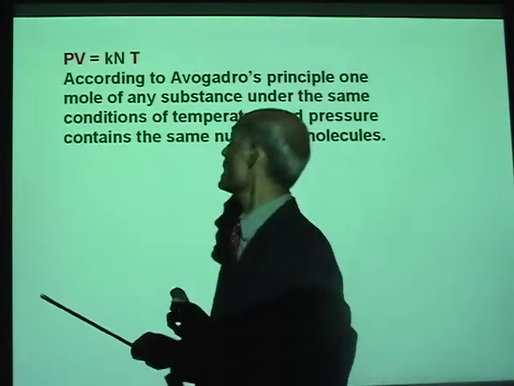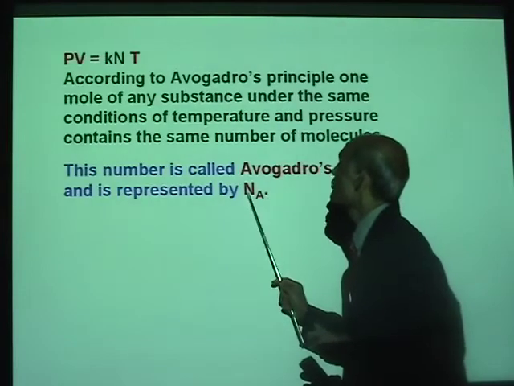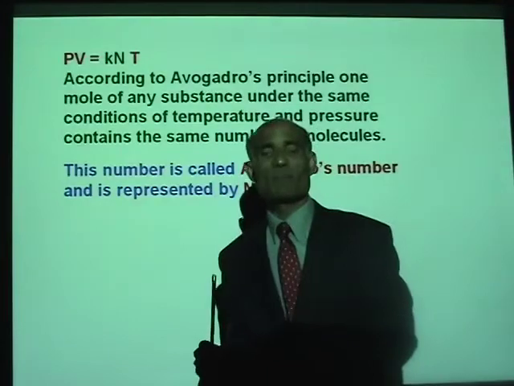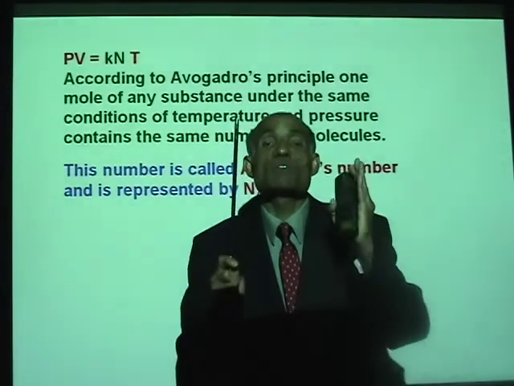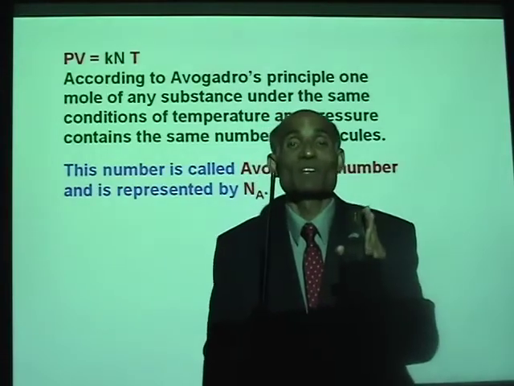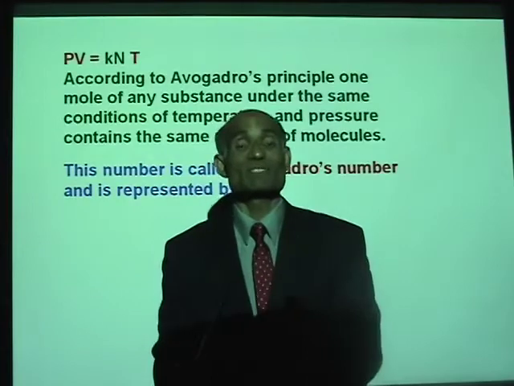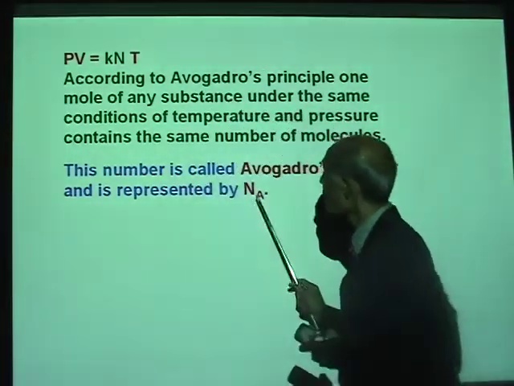And that number is called Avogadro number, and we write it like this, N sub A. Now tell me, what is Avogadro number? Avogadro number is the number of molecules in 1 mole of a substance. No matter what substance it is, that number is a constant. 1 mole of any substance has the same number of molecules.